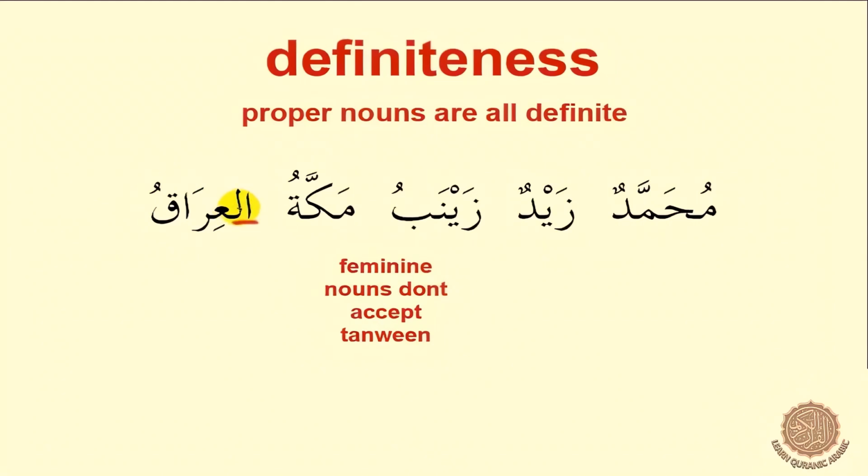So this al is actually part of this word. You won't find the name Iraq without this al. And some proper nouns actually have this al joined to them. For example, we have the name Al-Abbas. Not Abbas, Al-Abbas, which is a masculine name. This is an extra al, which occurs in some proper nouns. And it's not the al that makes a word definite like al-bayt.